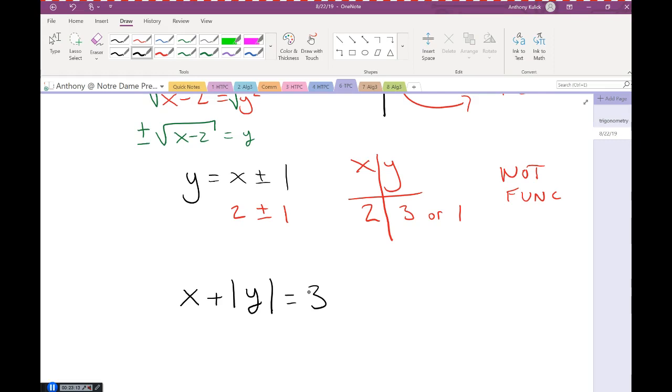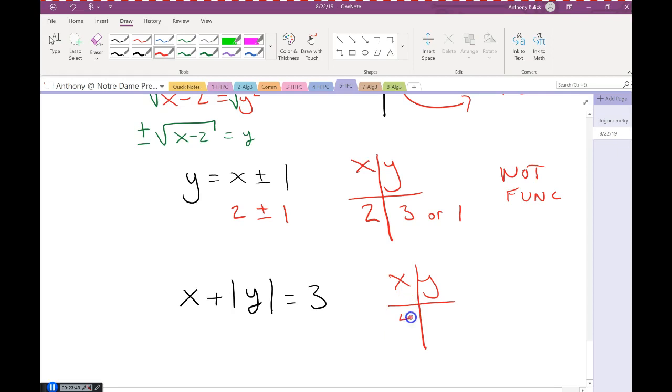What do we think here? Well, let's see what happens if we try just picking a value for x and figuring out what the y's are. Sound good? When in doubt, this is a good check to make. So let's pick a value for x.